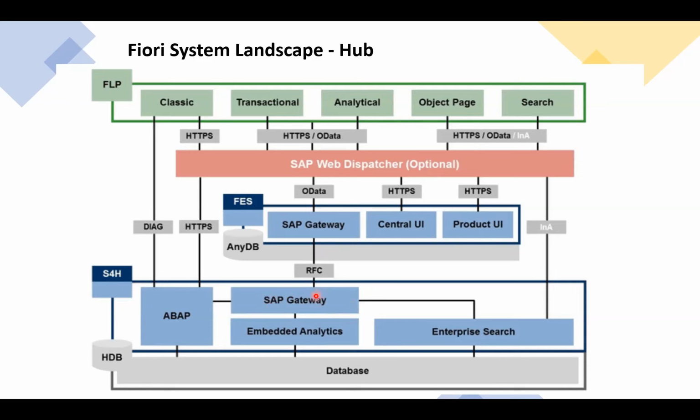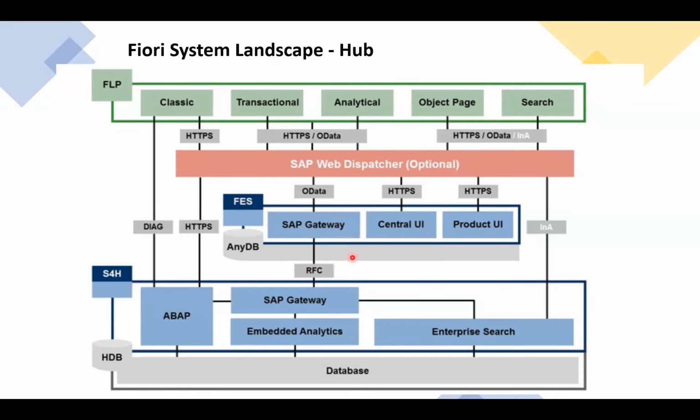Again, as the Fiori Launchpad is not built on this, it has to go to the gateway server. In the gateway, again, we need to register the OData service, and from there, the communication will happen. So in terms of UI5 application deployment, we just deploy onto this gateway server, and the application stays there. And whenever the user logs into Launchpad, the application will be fetched from the gateway itself.